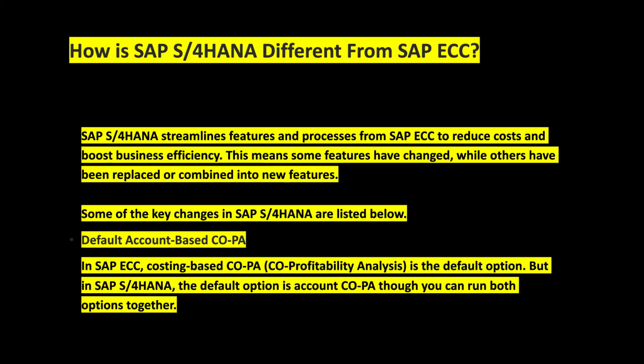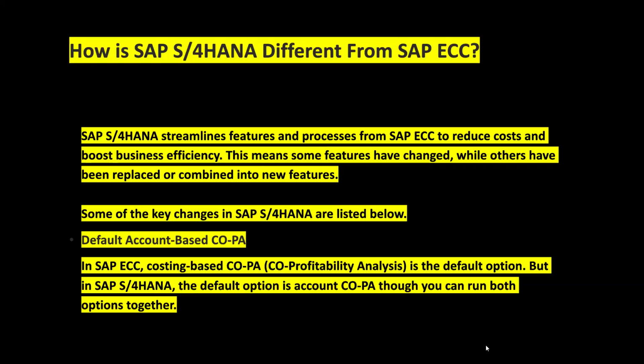SAP S/4HANA streamlines features and processes from SAP ECC to reduce cost and boost business efficiencies. This means some features have changed, while others have been replaced or combined into new features. Some of the key changes in SAP S/4HANA are listed below.